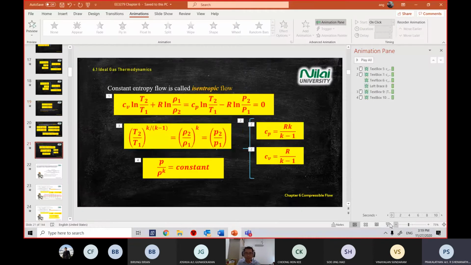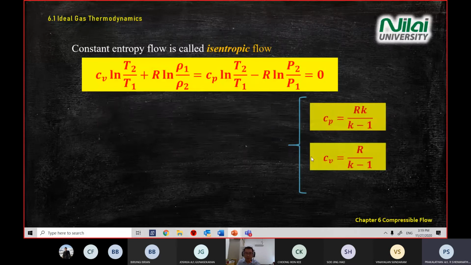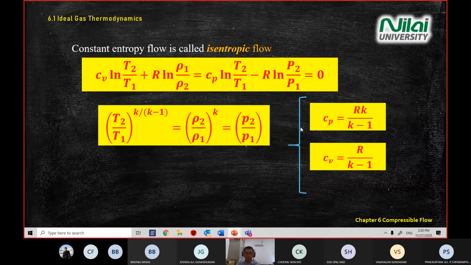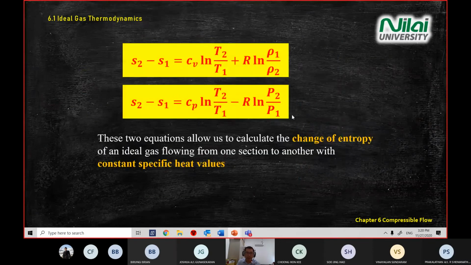These slides, you have to know the conversion. CP equals RK divided by K minus 1. CV equals R divided by K minus 1. So it gives you some flexibility to solve this kind of question.